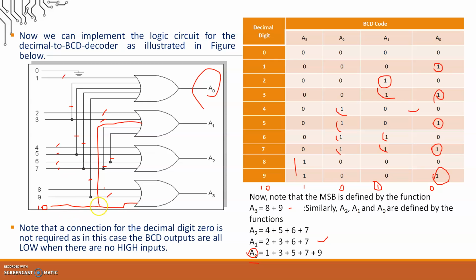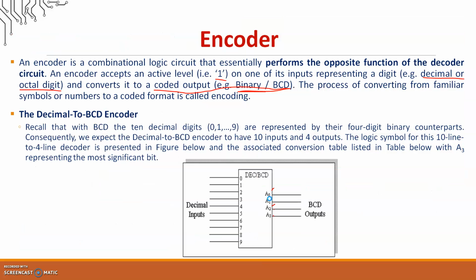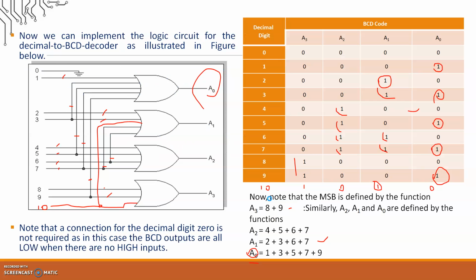If there is 11, that is 1, 0, 1, 1, it will be connected to A3, A1 and A0. So this is the way we have to draw the logic circuit diagram for an encoder. I think you all got it.